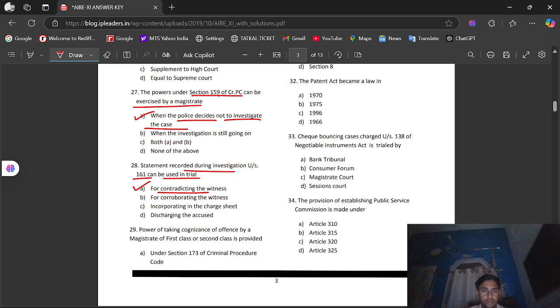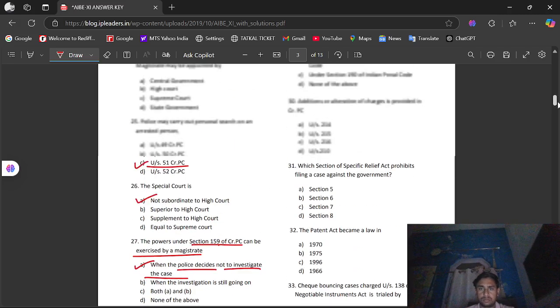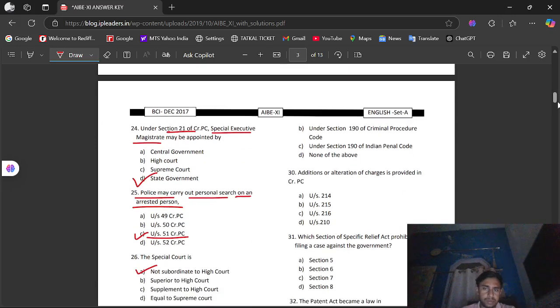Question number 29. Power of taking cognizance of offence by a magistrate of first class or second class is provided. Option A, under section 173 of Criminal Procedure Code, option B, under section 190 of Criminal Procedure Code, option C, under section 190 of IPC, which is Indian Penal Code, or option D, none of the above.